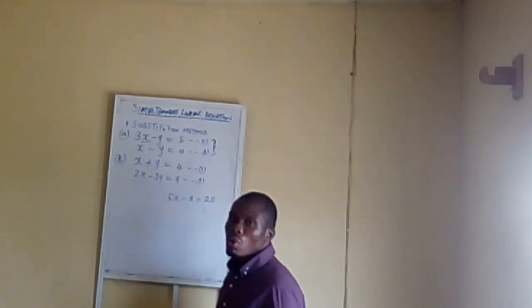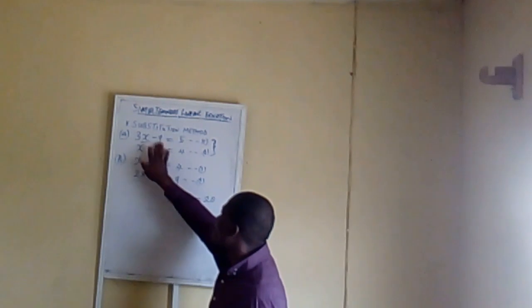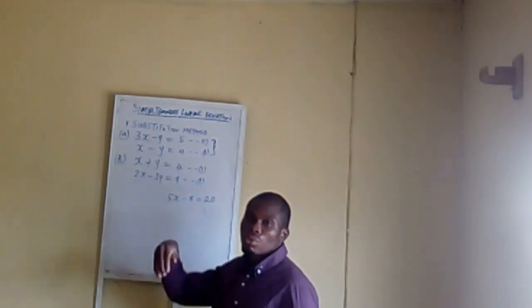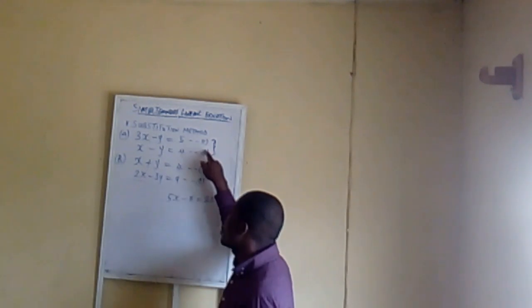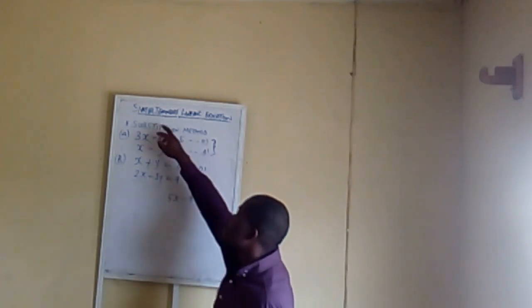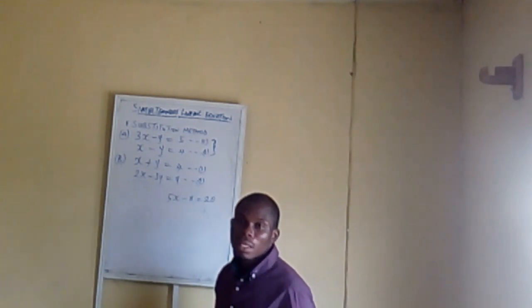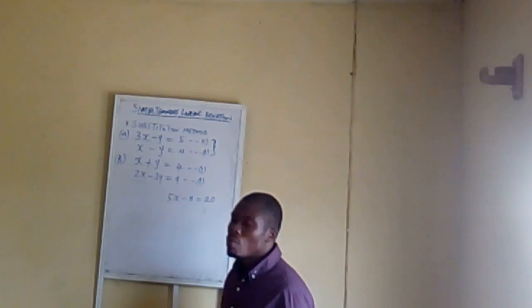So for us to be able to solve this particular equation, we need another equation that is going to support this equation in order for us to solve it simultaneously. So we are looking for the values of x and the values of y.